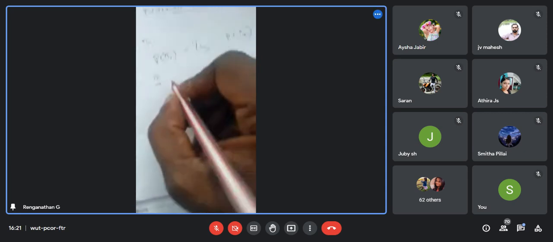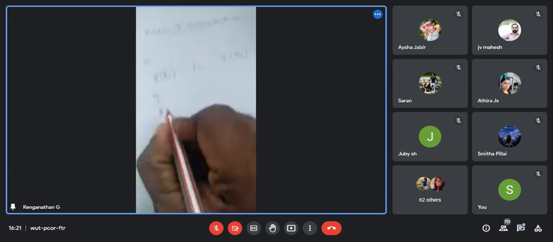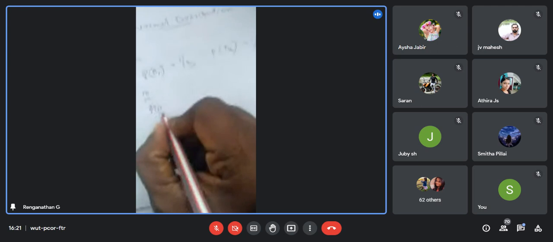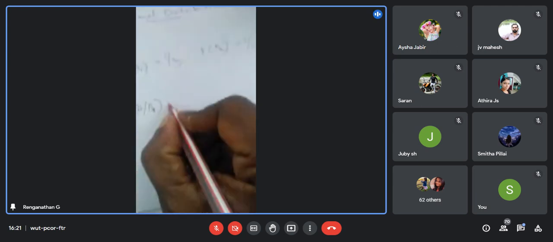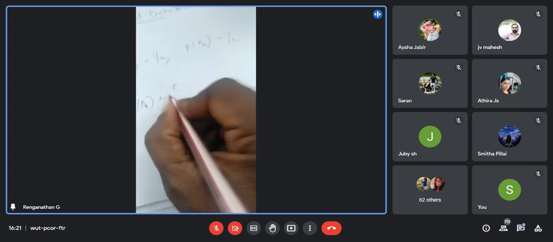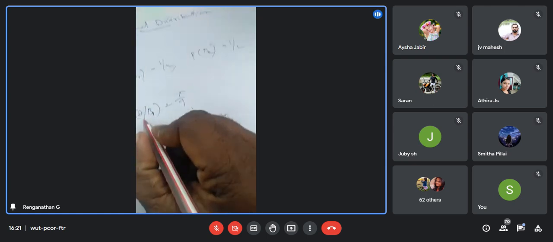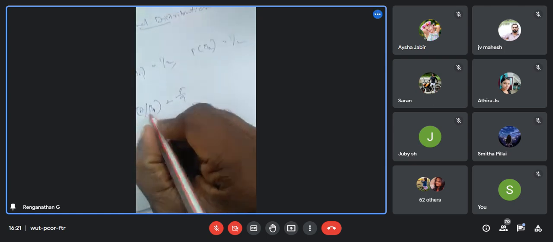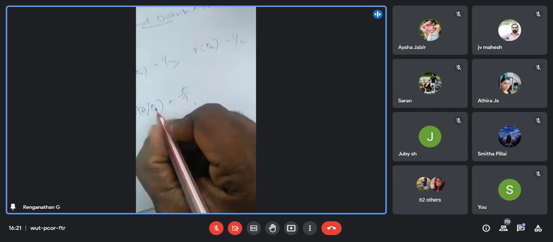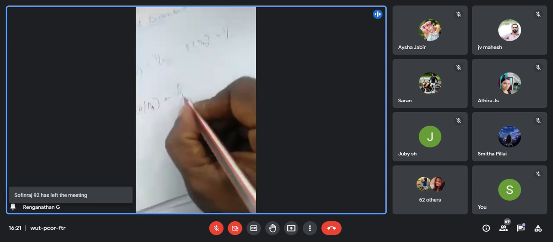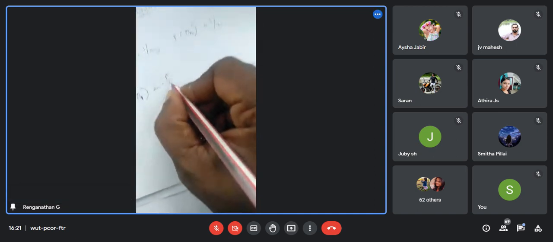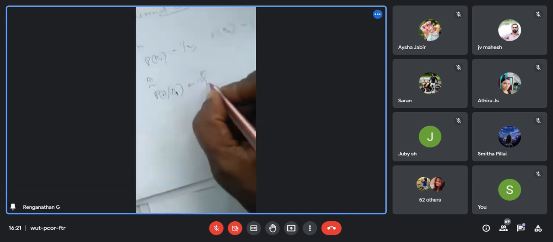So the probability of getting A out of B1, that means probability of A of B1, is 5/9, because 9 balls are there and 5 white balls are there.